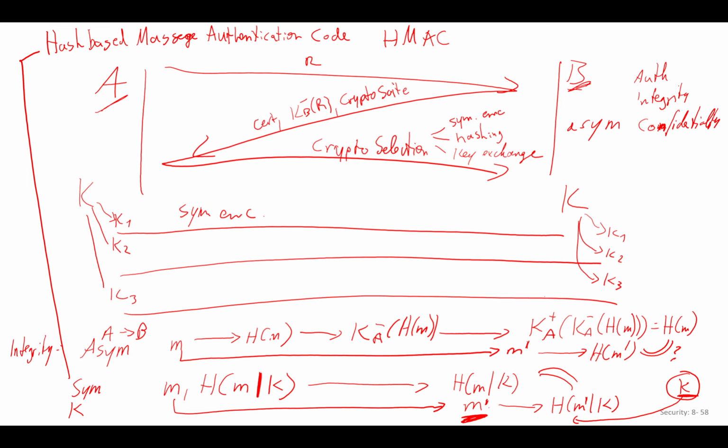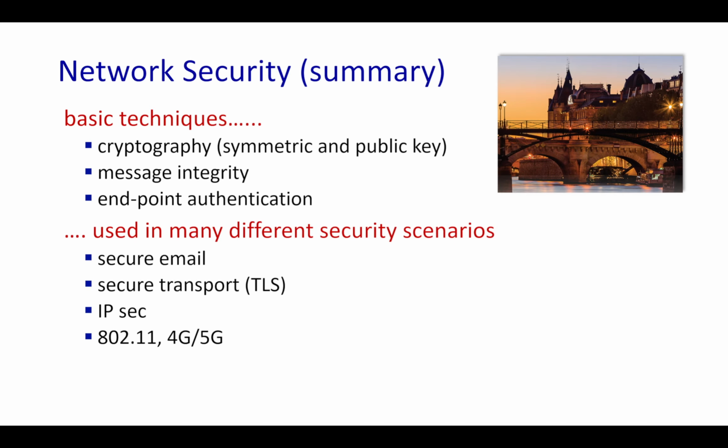So what did we see? So basically we learned how message integrity is done by asymmetric and symmetric approaches. We have seen that confidentiality is achieved by simply encrypting it, but the core question is, on the one side, how do we know to whom a public key belongs? This is done through certificates.